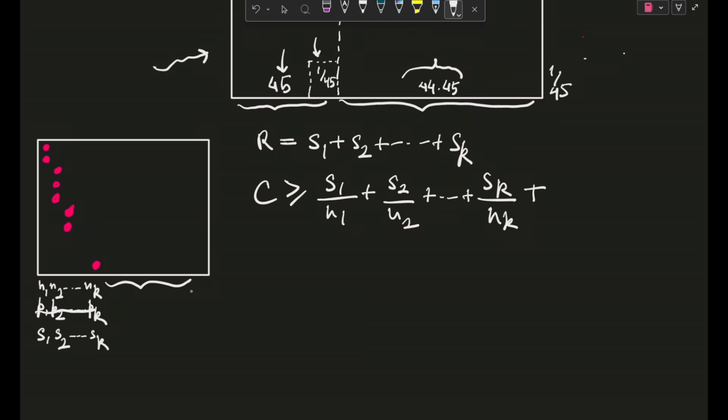See, 2025, out of which the number of spaces occupied are k. So 2025 minus k are the number of spaces remaining. And for that, this is your S remaining.